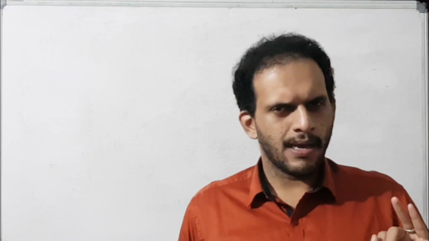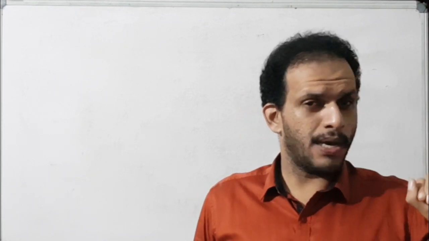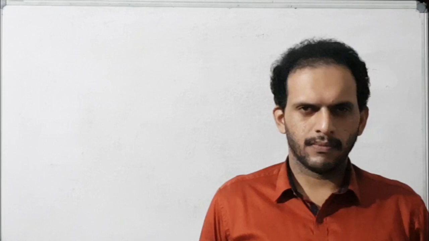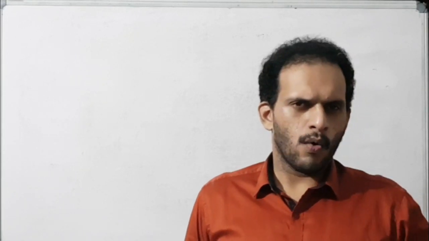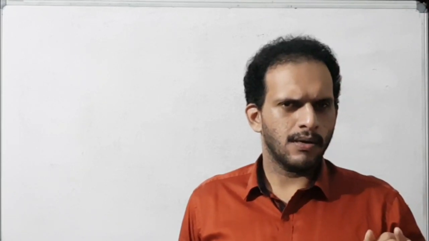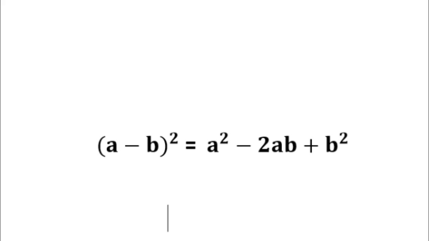Then second identity, A minus B whole square. A minus B whole square is equal to A square minus 2AB plus B square.